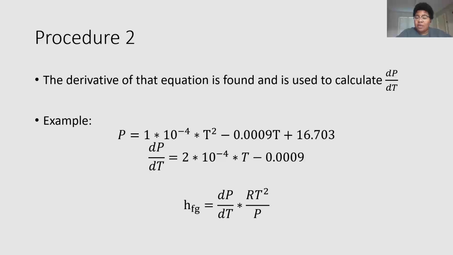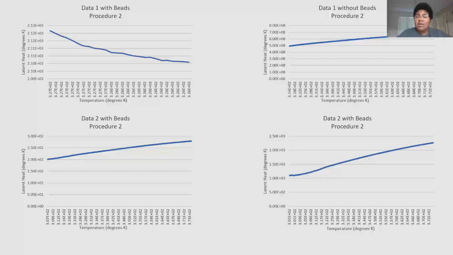I got those values, and then I plugged them into the latent heat of vaporization equation and got the second data set for procedure 2 that way. Here are the graphs of these. As you can see, very different from procedure 1. These graphs seem to make sense. They aren't that smooth, but they make sense logically.